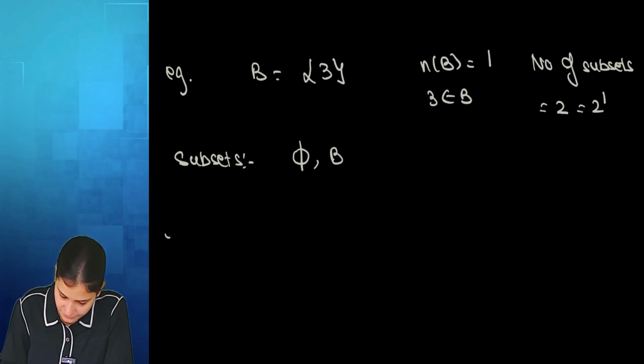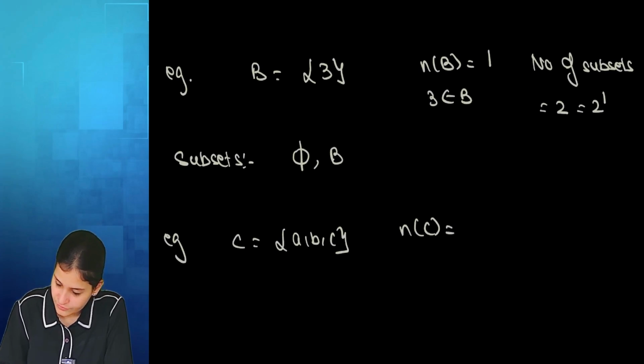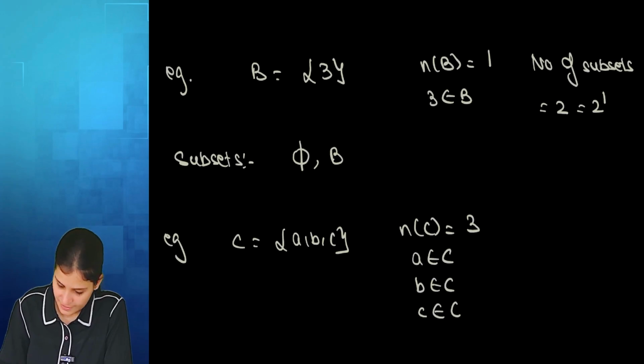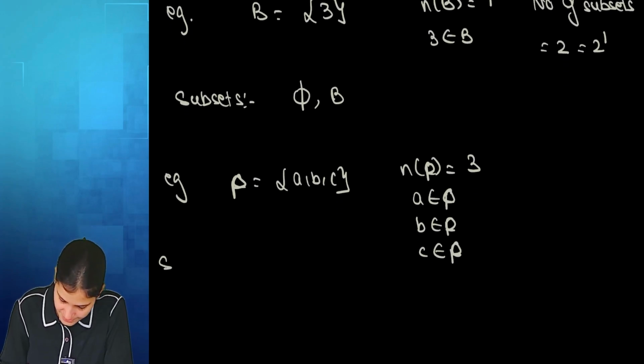If I have a set C = {A, B, C}, what is the cardinality of C? Say P. A belongs to C, B belongs to C, C belongs to C. What will be the subsets?